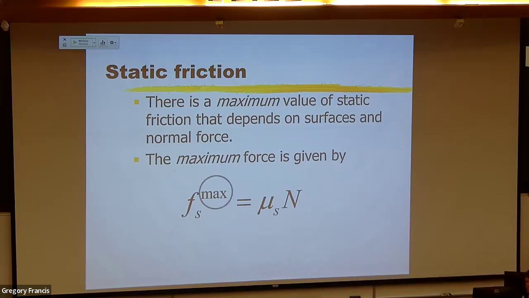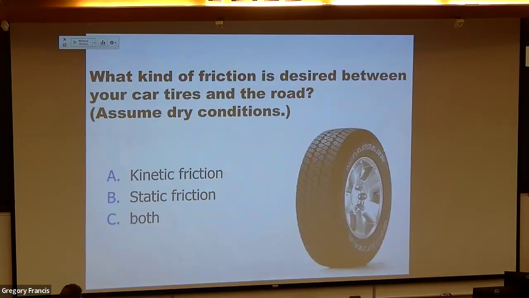It is a formula for the maximum value of static friction, the value at which you're breaking free. 99% of the time, you will ignore this equation. 99% of the time, you're nowhere close to breaking free of those surfaces. And so 99% of the time, you're using Newton's second law to figure out the size of the static friction.